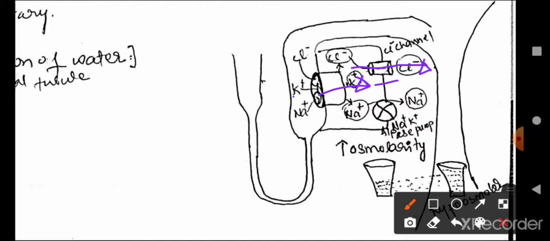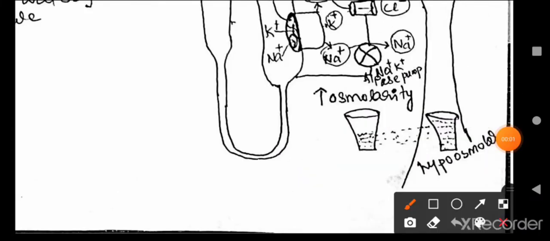And this sodium potassium ATPase pump will transport the sodium ions into the interstitium. These ions result in increased osmolarity of the interstitium as compared to the hypoosmolar collecting duct.